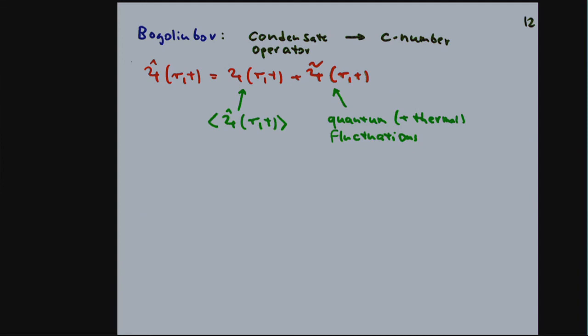Remember, in momentum space, we replaced A0 and A0 dagger by the square root of A0. What we do here is we say this is sort of a quantum field, and when we have a superfluid, this field operator has an average value. It's actually the macroscopic superfluid order parameter.